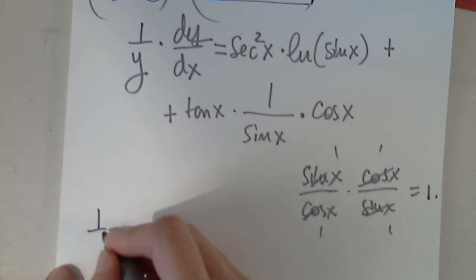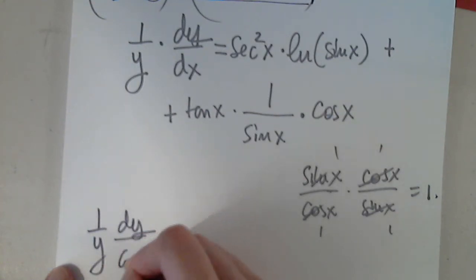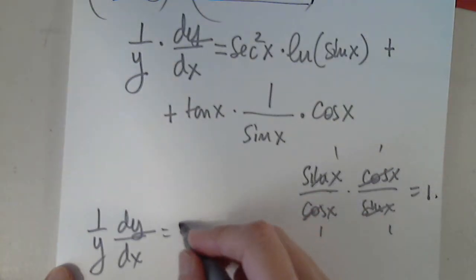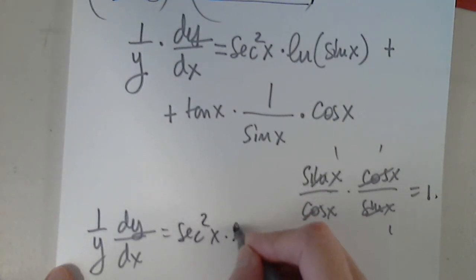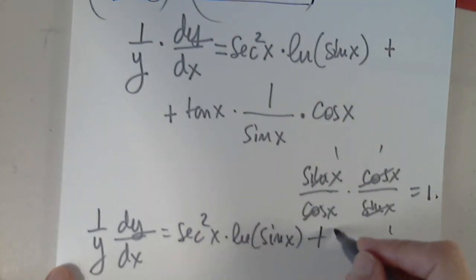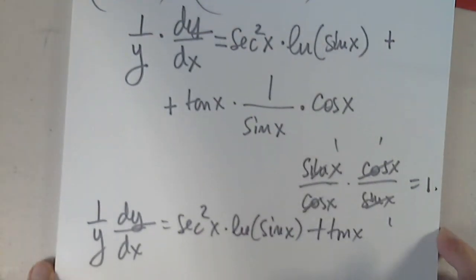So then 1 over y dy over dx equals secant squared natural log plus tangent x. See, I wrote it on the side.